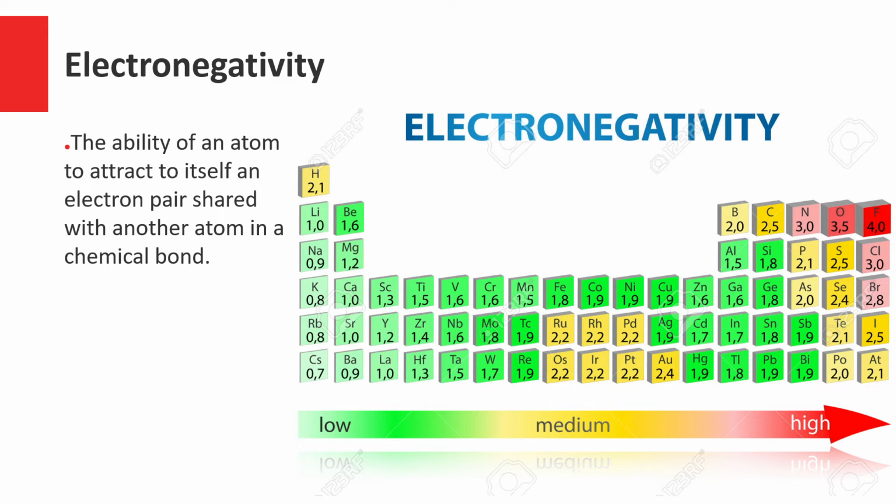So now moving on to the next concept, which is electronegativity. The electronegativity of an atom is the ability of an atom to attract to itself an electron pair shared with another atom in a chemical bond. So you can think of this as the gravity of an atom.